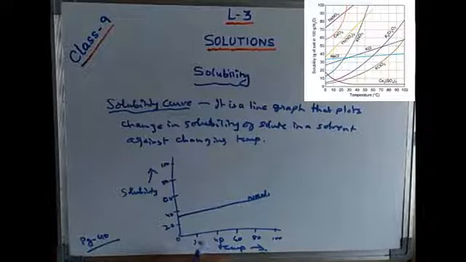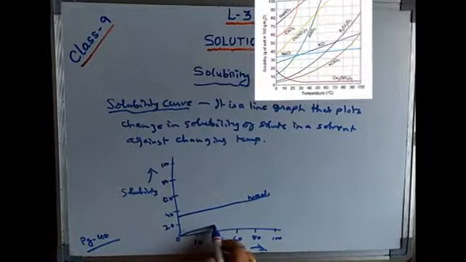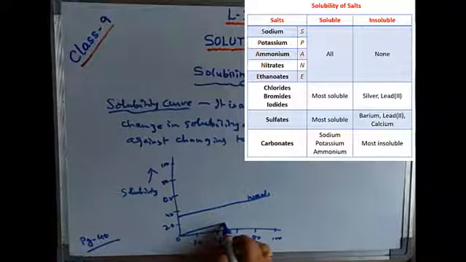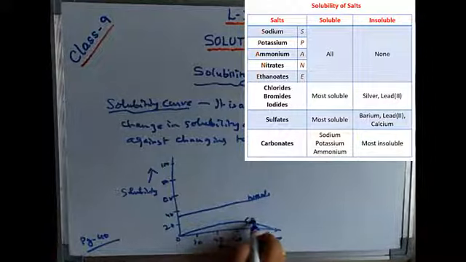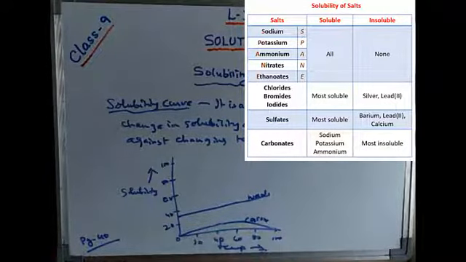And again, a few solids you will get, like hydrated calcium sulfate, which is a crystal, which show a decrease after attaining a certain temperature. Now you see calcium sulfate, after attaining a certain temperature, that means 20, 30, it is slightly increasing. After that it comes down, it decreases.